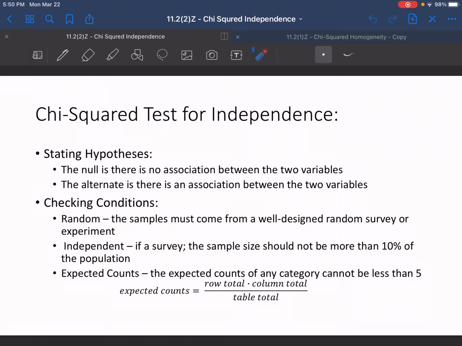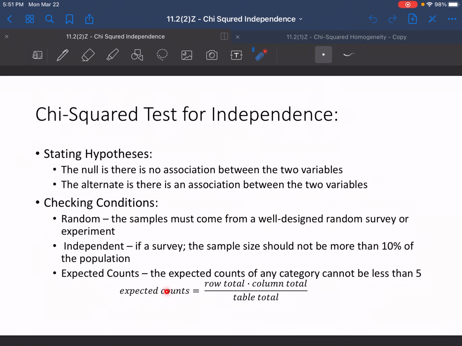Then from there, you want to check conditions. We want to check to see if it's random. The samples must come from a well-designed random survey or experiment. They must be independent. If it's a survey, the sample size should be less than 10% of the total population. And then we also want to check the large counts condition, or expected counts condition, which is that the expected counts of any category cannot be less than 5.